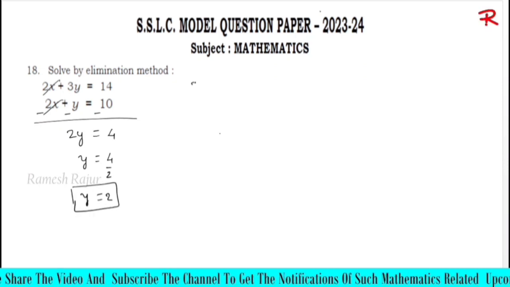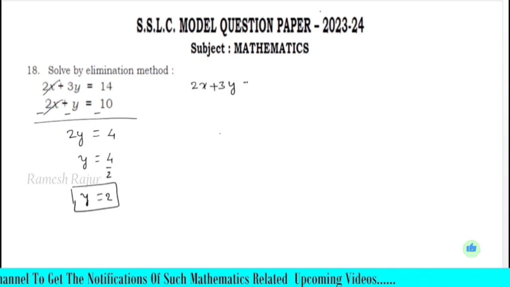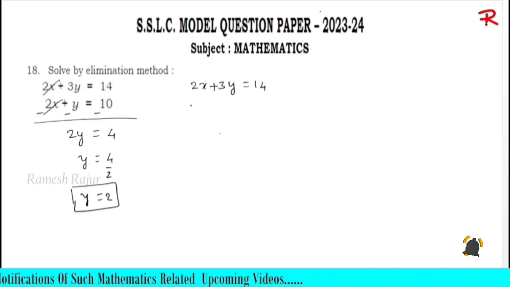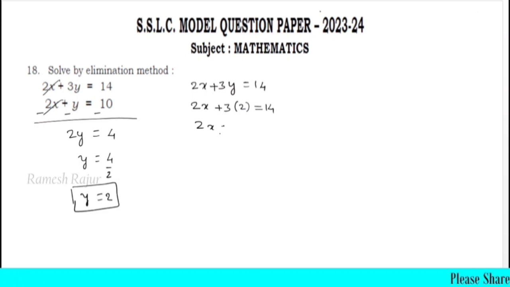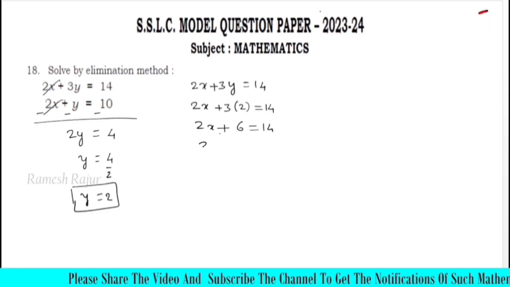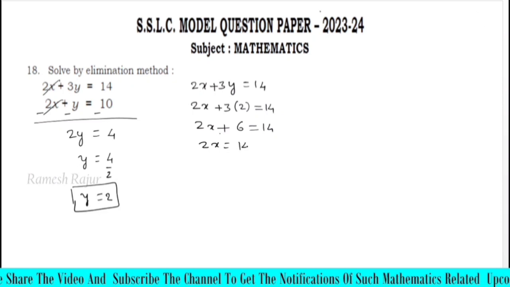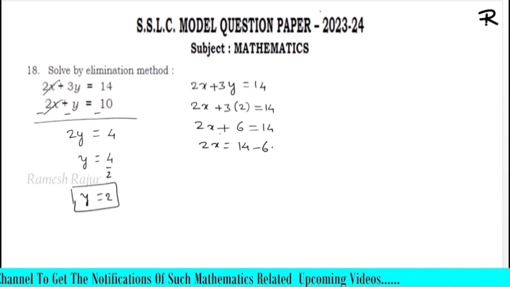In the first equation, 2x plus 3y is equal to 14, substituting the value y is 2: 2x plus 3 into 2 is equal to 14. Later 2x plus 6, 3 twos are 6, is equal to 14. 2x is equal to 14 minus 6, because when plus 6 from the left hand side goes to the right hand side it becomes minus 6.